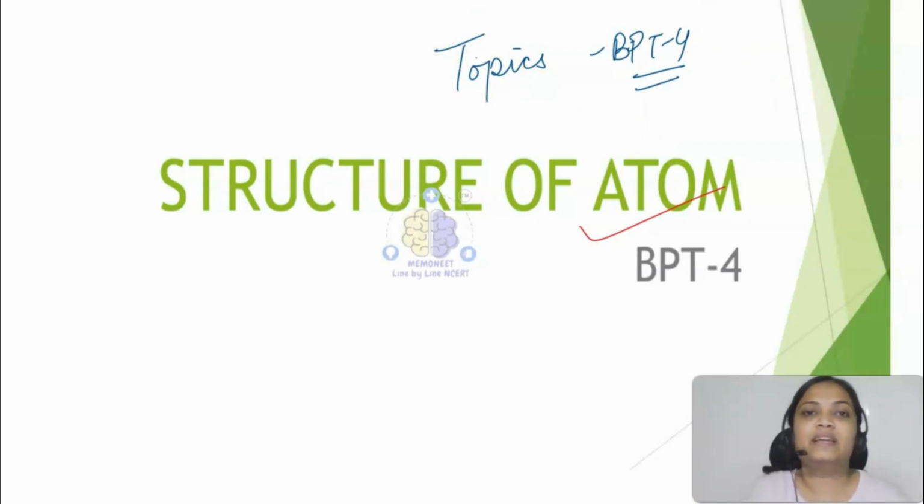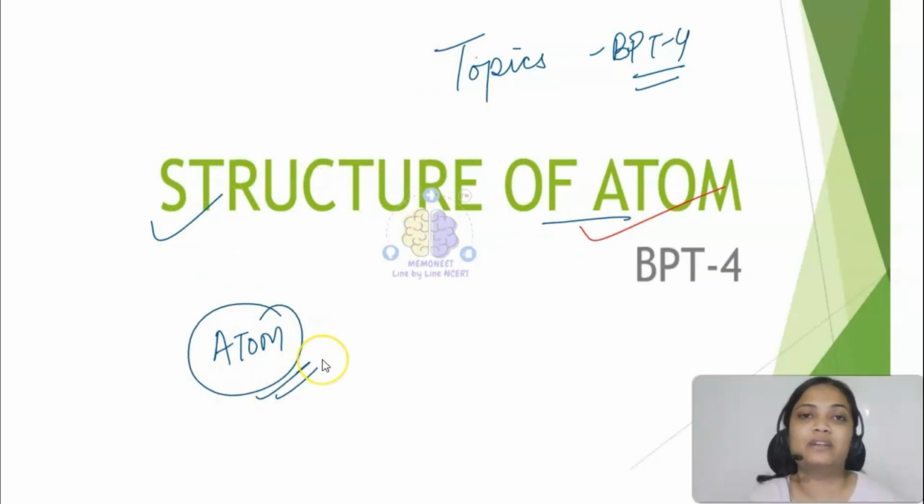So what is there in this chapter? In this chapter we are going to talk about the structure of atom, which is the basic building block of matter, as we have studied.